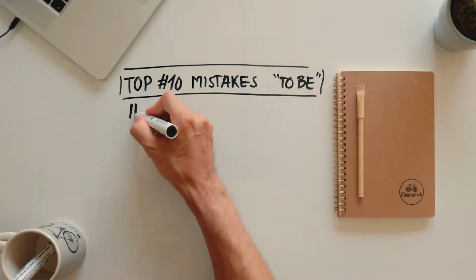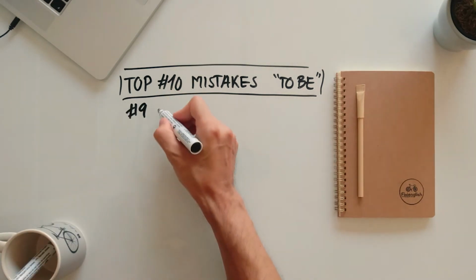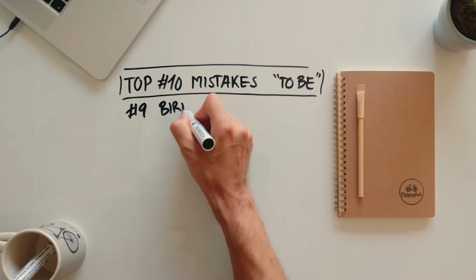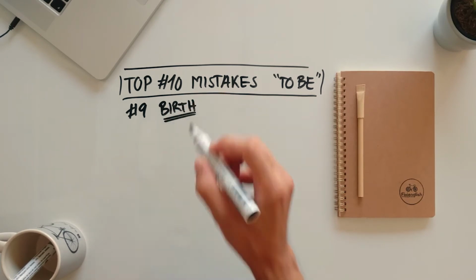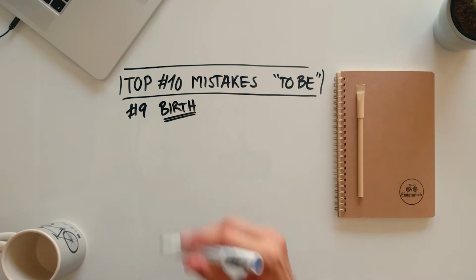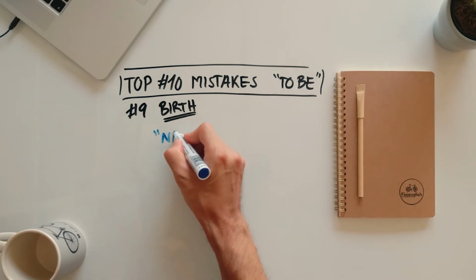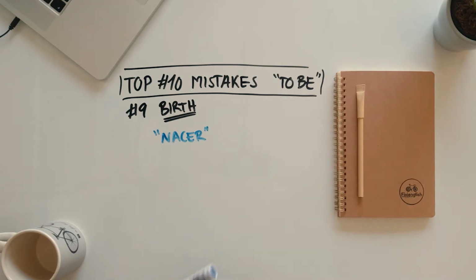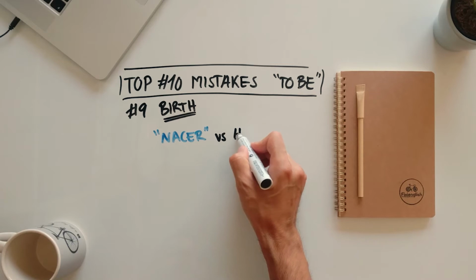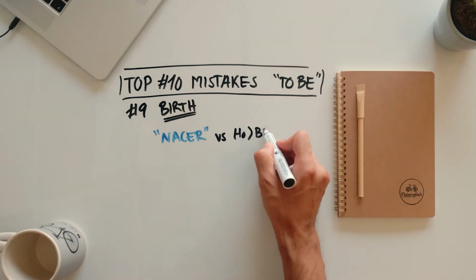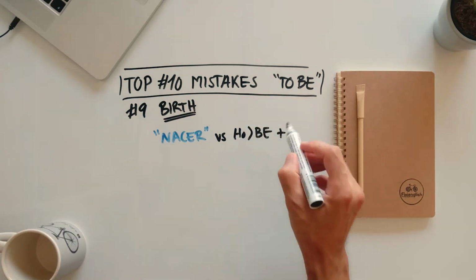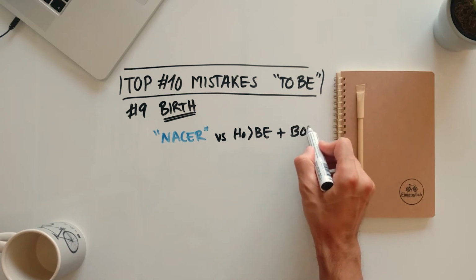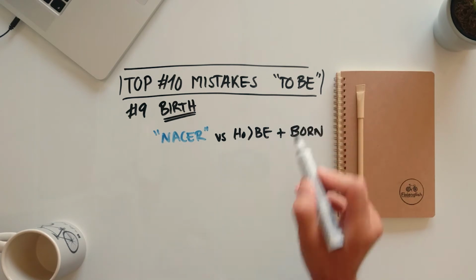At number 9, we have the use of the verb to be to express birth. Now, in Spanish, we have a specific verb to do this, which is the verb nacer. But in English, we are not able to do that in the same way, and we actually use the verb to be plus the past participle of the verb bear, which is the word born.